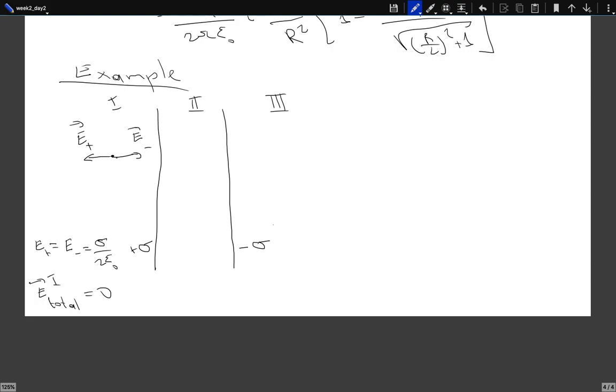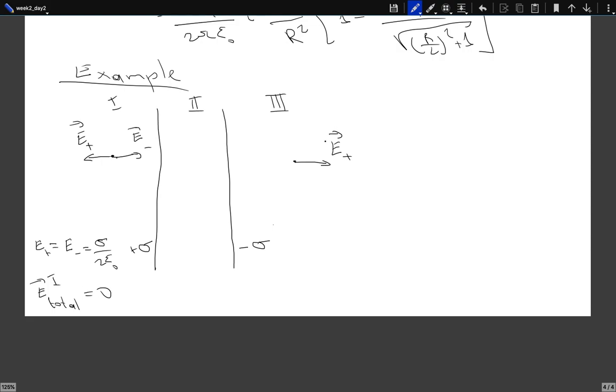Now let's pick a point somewhere over here. Again, the positive plate will create an electric field, and the negative plate will create an electric field. What is the direction of the electric field created by the positive plate? In that direction. What about the electric field created by the negative plate?